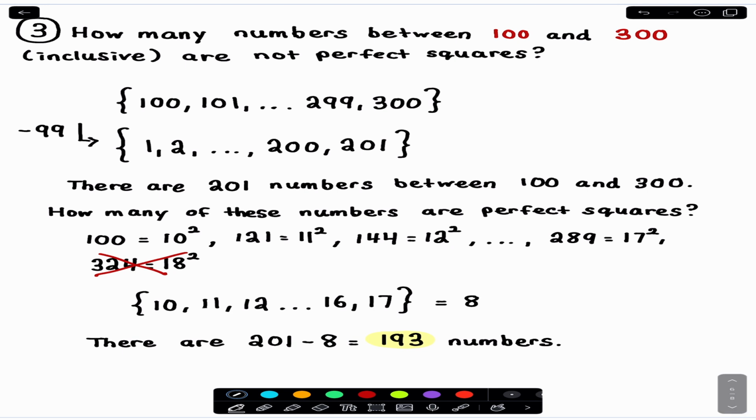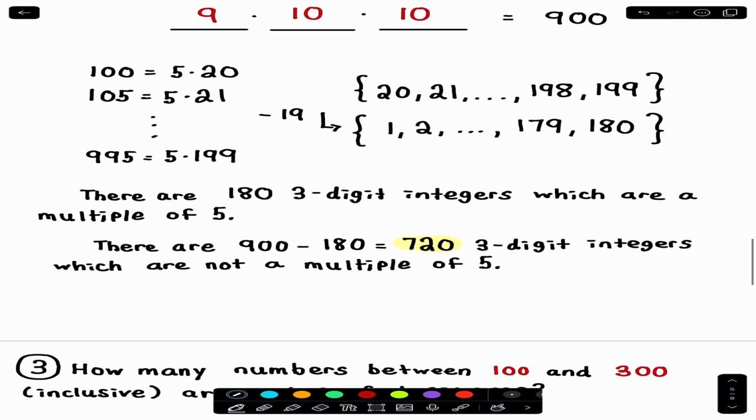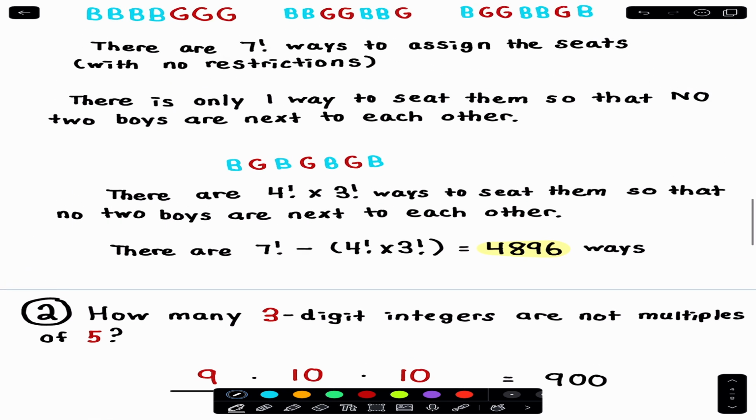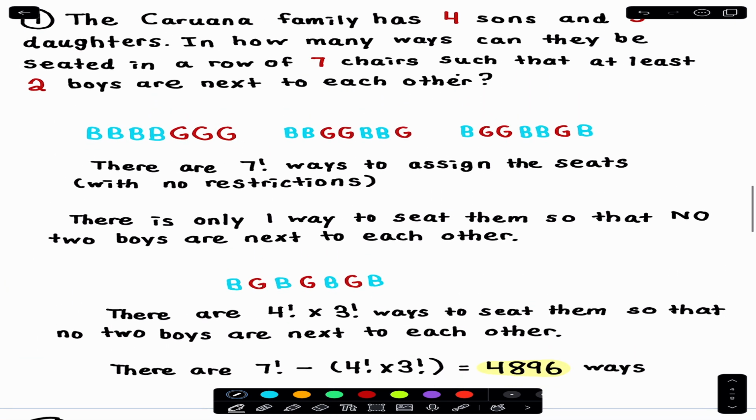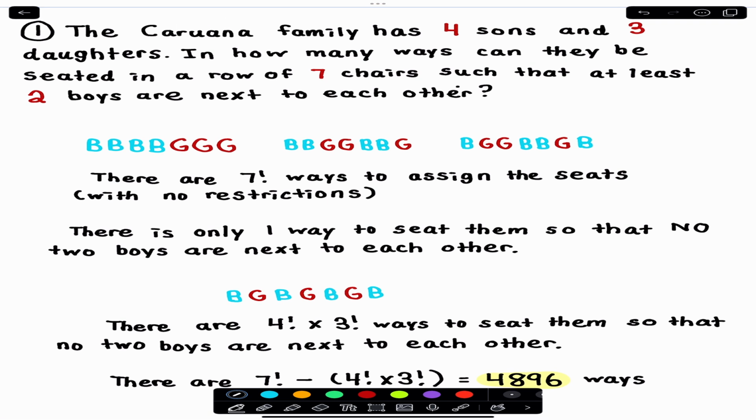We just ask ourselves, if it's easier to count what we don't want and subtract from the total, then that's the way to go instead of counting directly. Question number 1 especially showed that if casework gets messy, so in other words, if you have too many cases, it's time to take a step back and think of complementary counting as a possible method of attack.